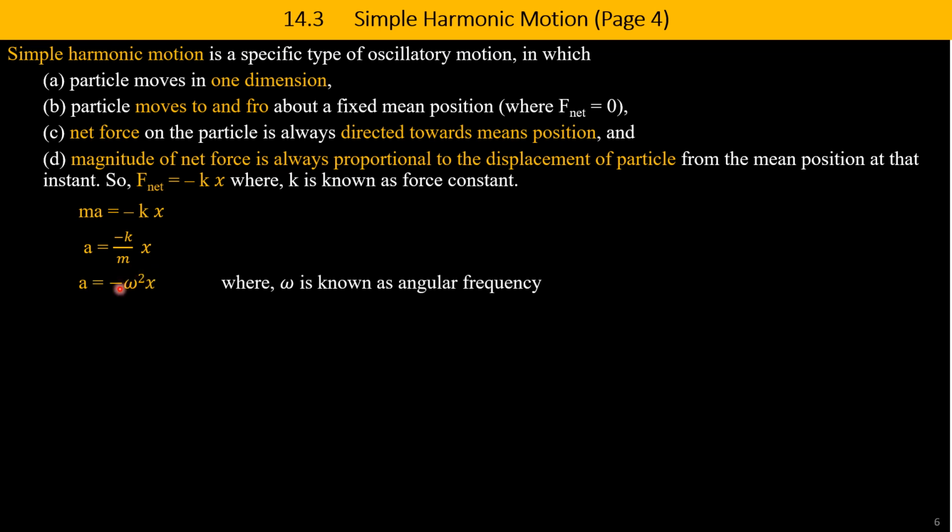Therefore, we can substitute k by m as omega square, where omega is the angular frequency and equal to square root of k by m.